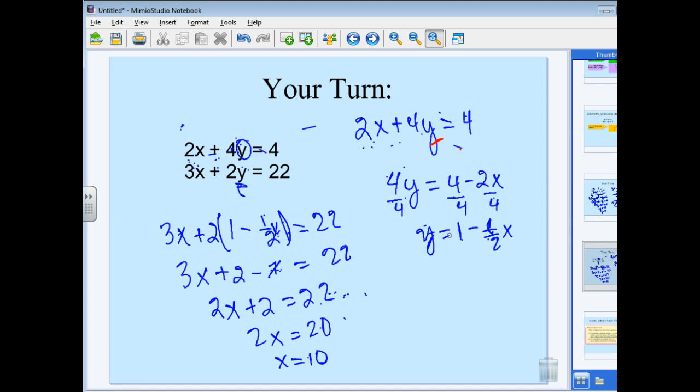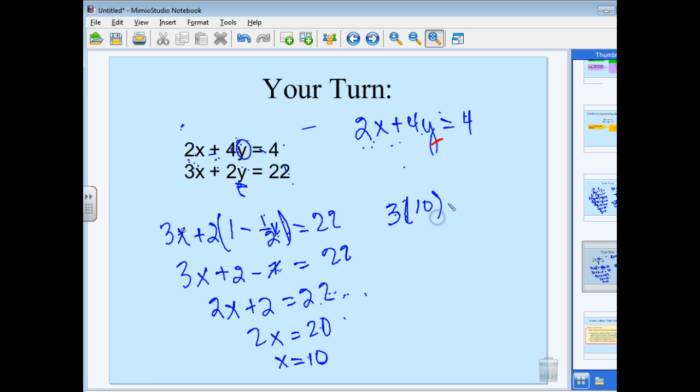Alright, x is 10. Let's find what y is. So we're going to take 10 and plug it back in here. You can use either one of the equations, it doesn't matter. Let's use the second one this time. So we'll do 3 times 10 plus 2y is equal to 22.